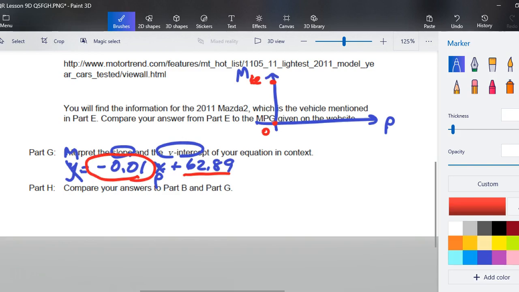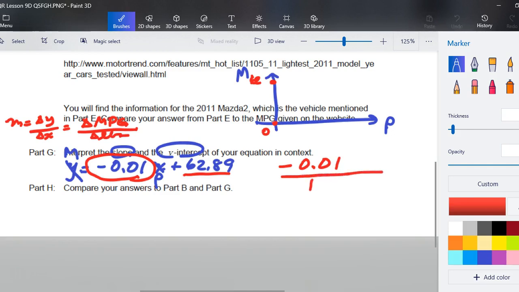One thing I keep talking to you all about is writing down that slope is the change in y over the change in x. So it's going to be the change in our miles per gallon over the change in our pounds. And if that's the case, we have a slope of this number, and I like to go ahead and write it over 1, because then it really does help my brain to realize this is miles per gallon and this is pounds.